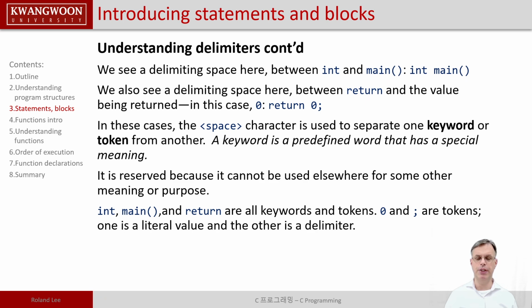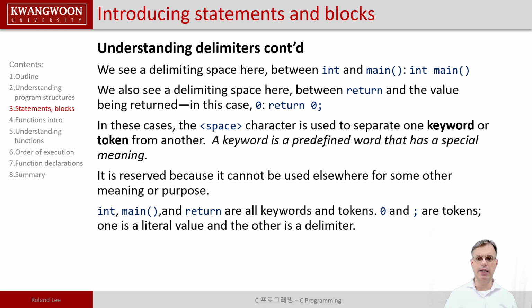A keyword is a predefined word that has a specific meaning. It is reserved because it cannot be used elsewhere for some other meaning or purpose. Int, main, function, and return are all keywords and tokens. 0 and semicolon are tokens. One is a literal value and the other is a delimiter.